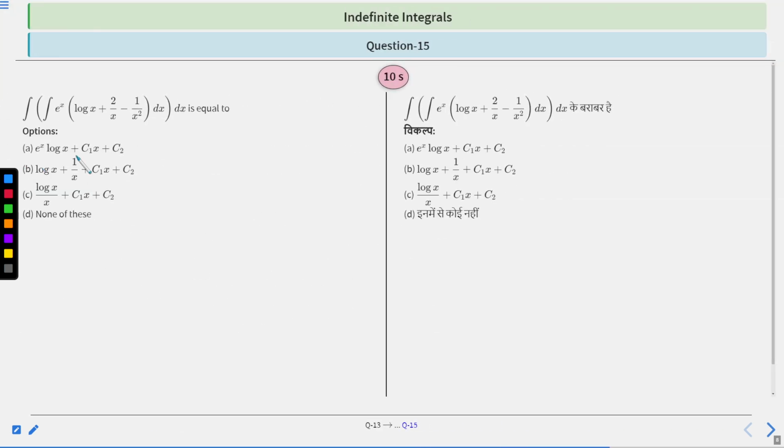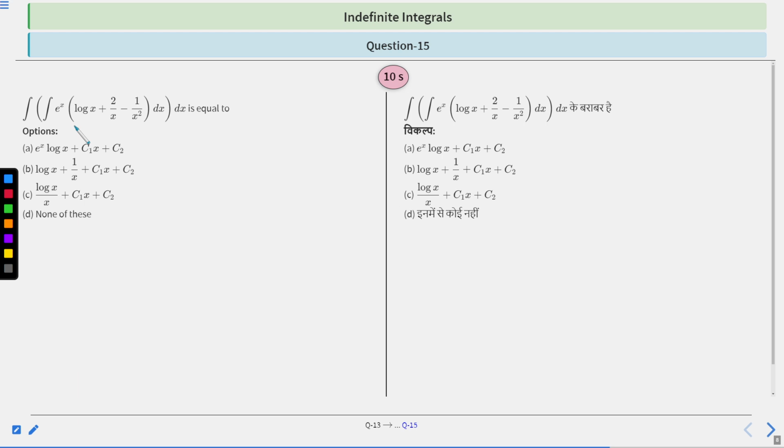Question number 15 says: integration of e to the power x times (log x plus 2 by x minus 1 by x squared) dx is equal to. So, again, the hint for this question is that you can do two or three things. First, you can convert these terms into the formula e to the power x into (fx plus f dash x).